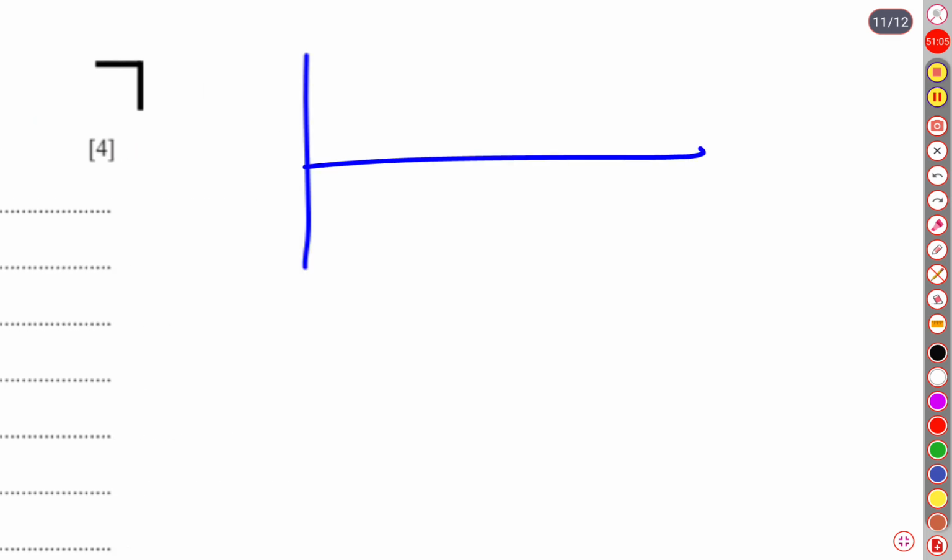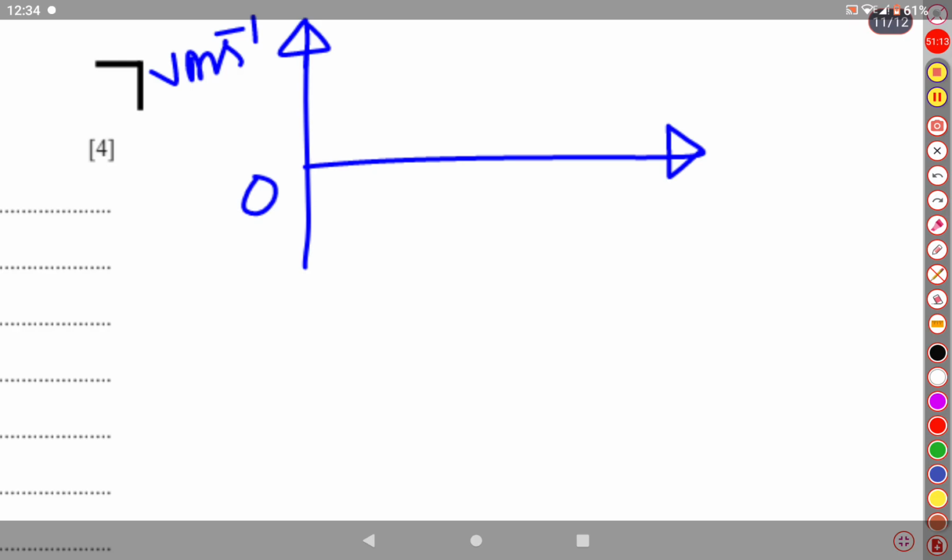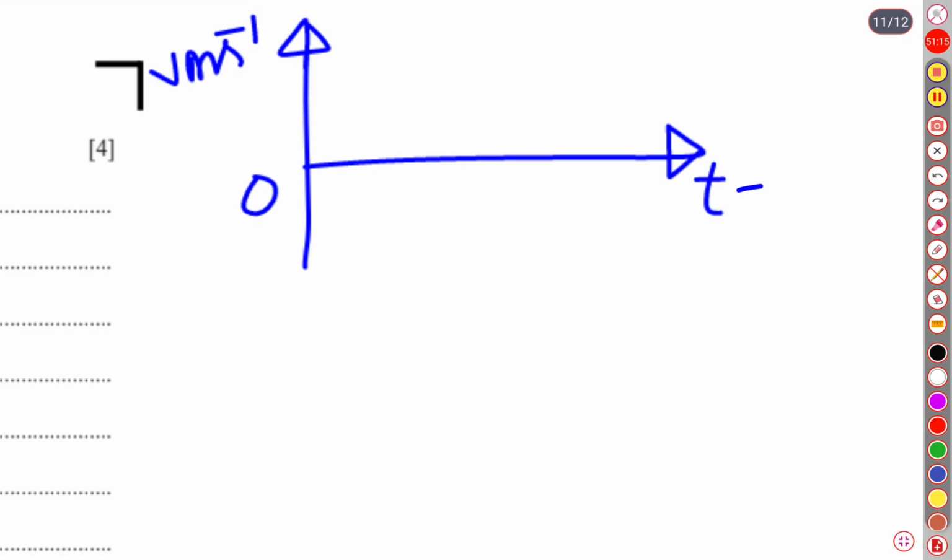For the first phase, it starts from 0, and this is v in meter per second, and that is time t in seconds. At the beginning there are two phases. The first phase was until the first 4 seconds, and the second phase was until 16 seconds.